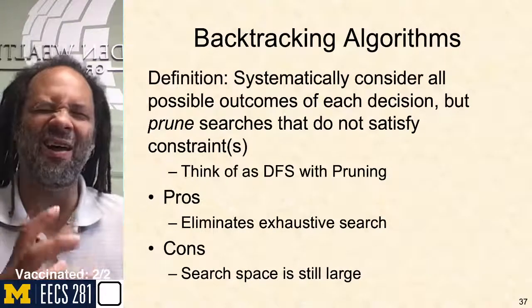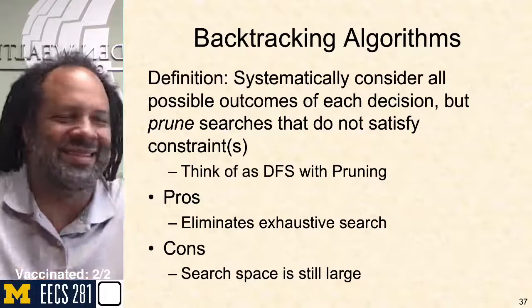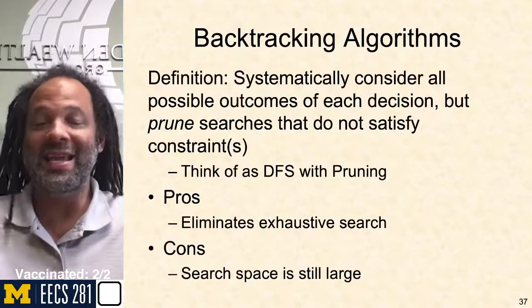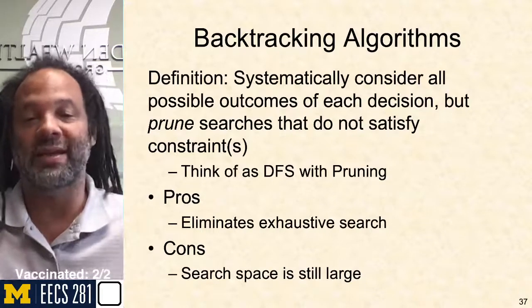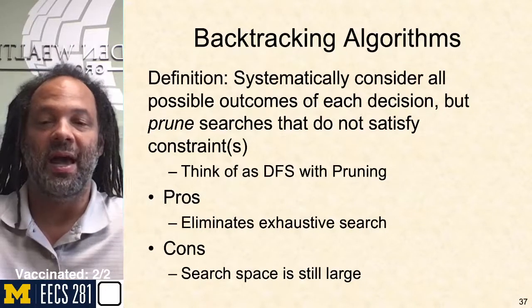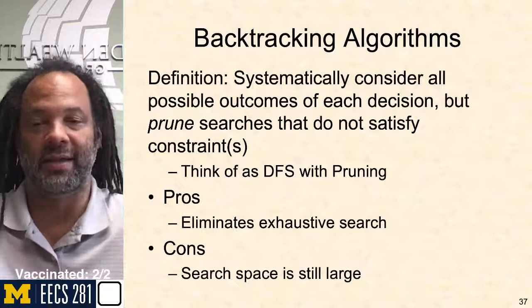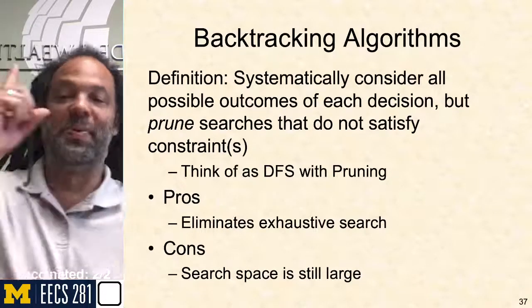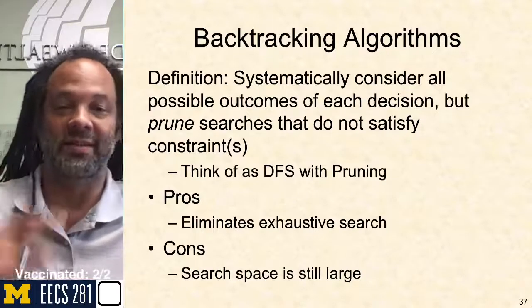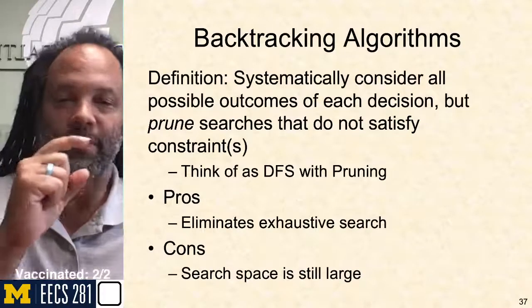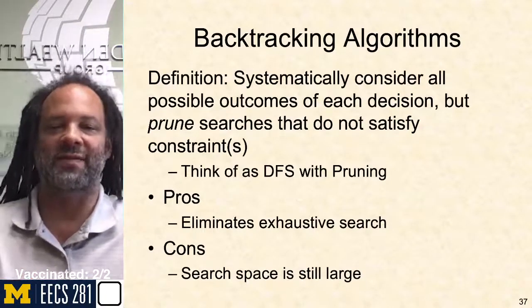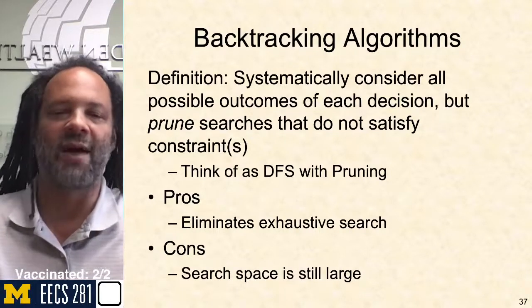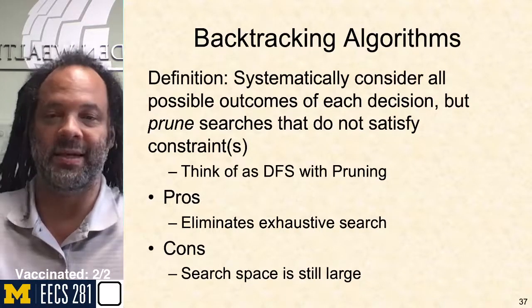Systematically consider all possible outcomes. That sounds like brute force. And it is. It turns out that backtracking typically has an asymptotic complexity similar to brute force. But, right there in the sentence it says but we prune searches that do not satisfy constraints. And this often helps us out tremendously.